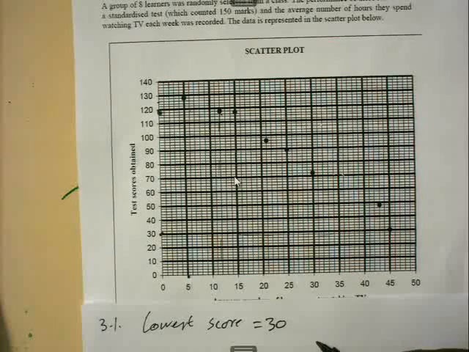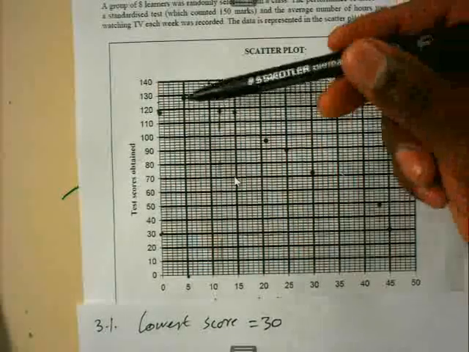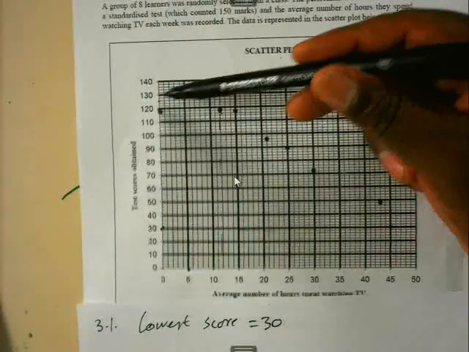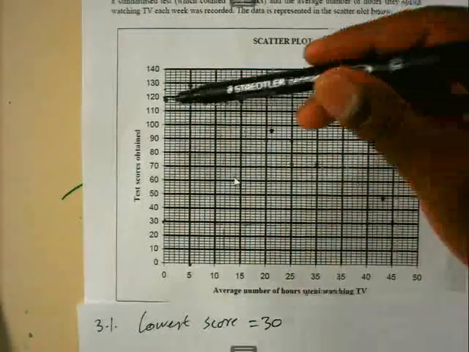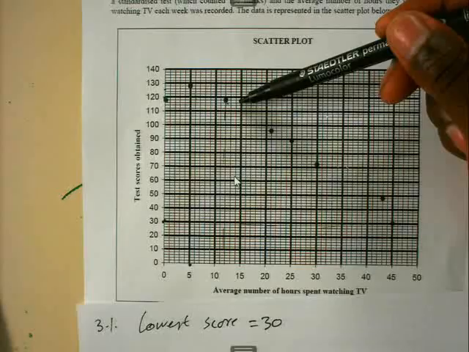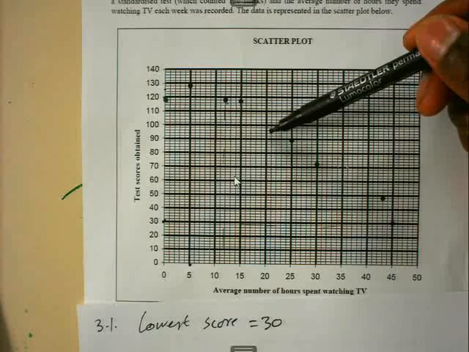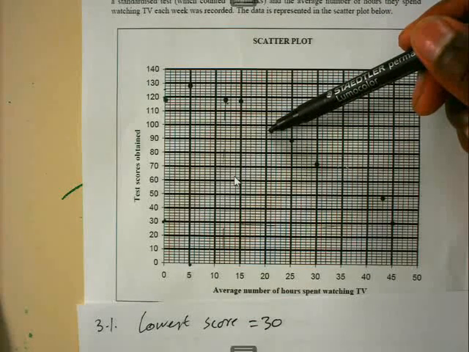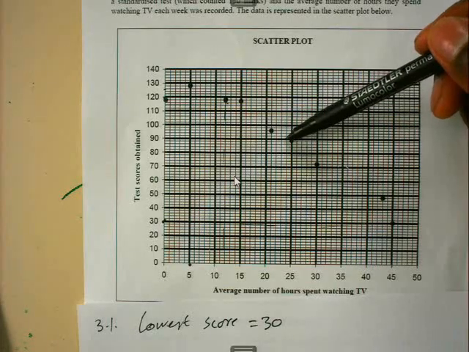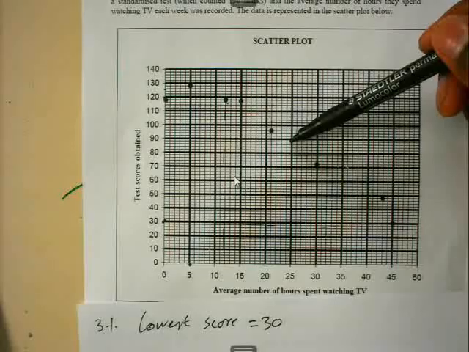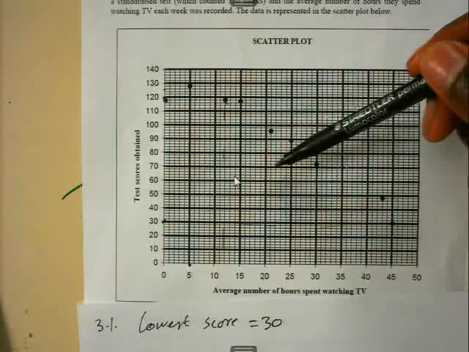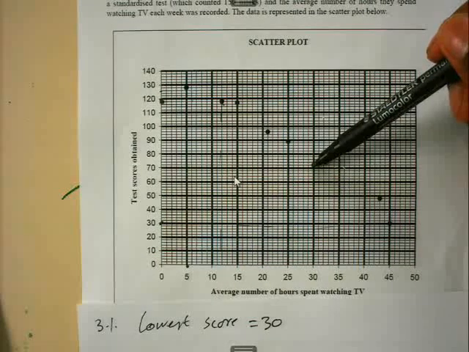How do we see that? Remember, we've got 8 learners. The score here is 130. The score here is almost 128. The score here is almost 127. The score here is around 95. The score here is 89 or 90. Check this one, just above 70. It can be 71, 72.